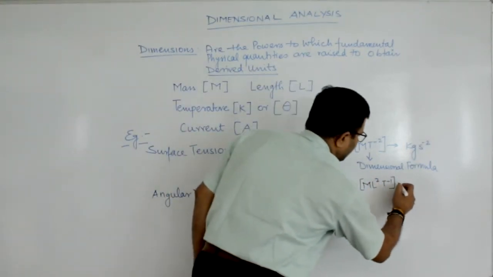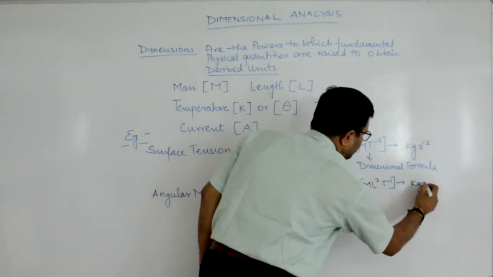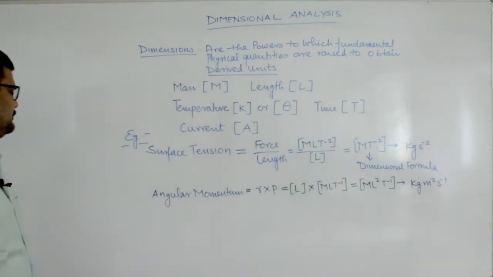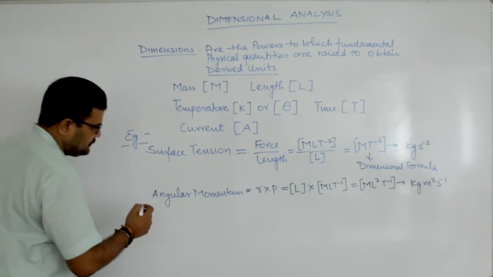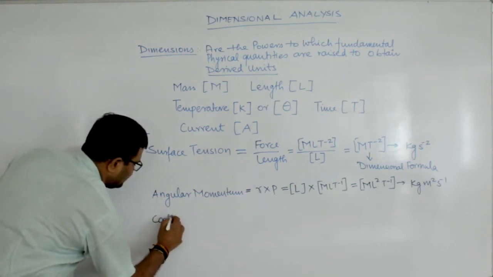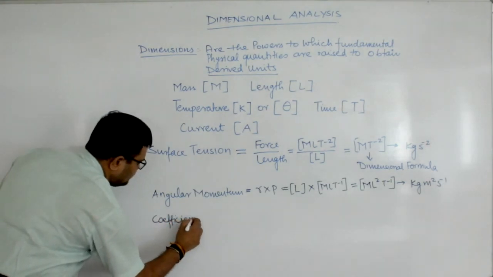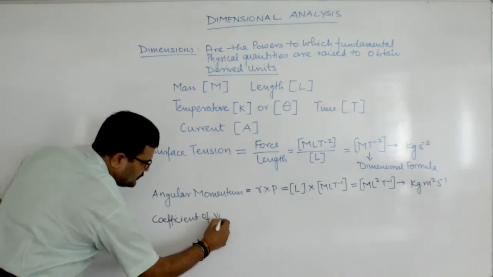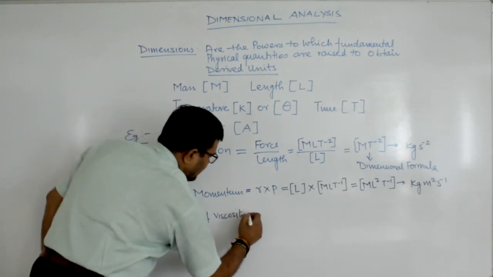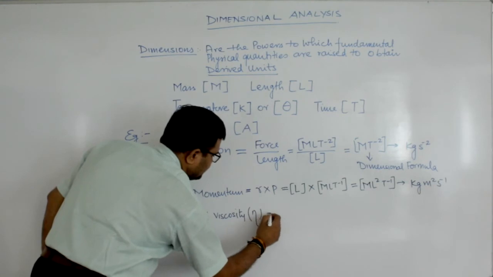And what will be the unit? Unit is kilogram meter square per second. Similarly, coefficient of viscosity is another physical quantity. It is denoted by eta.